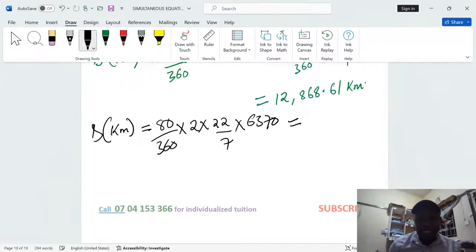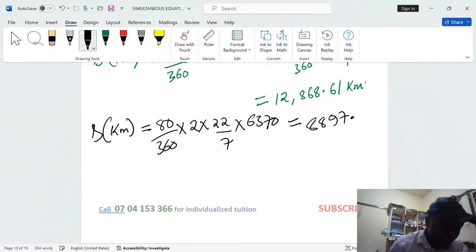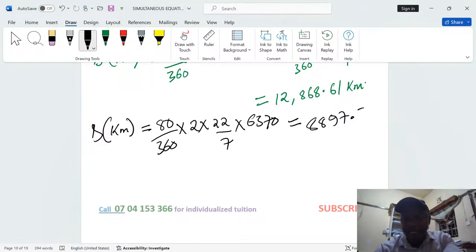So this is how we get distances along great circles. It will be 80 multiplied by 2 multiplied by 22 multiplied by 6370 divided by 360 multiplied by 7, and this will give us a distance of 8897.78 kilometers.